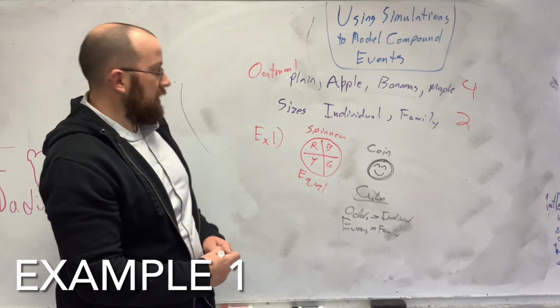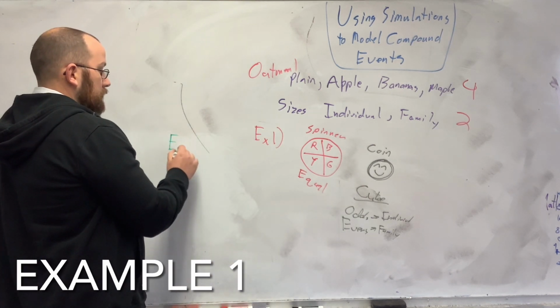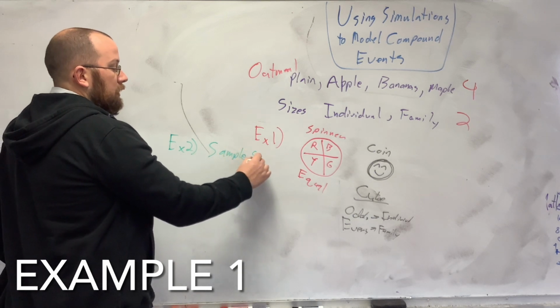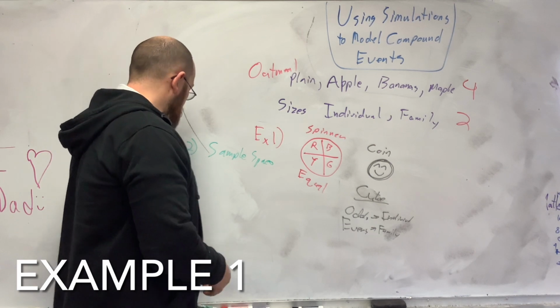Now, what is my sample space here? So now I found a way to figure it out as a compound event. What is my actual sample space?